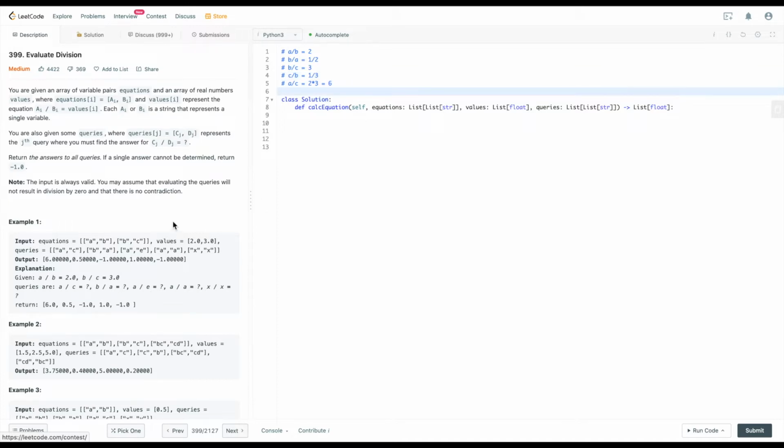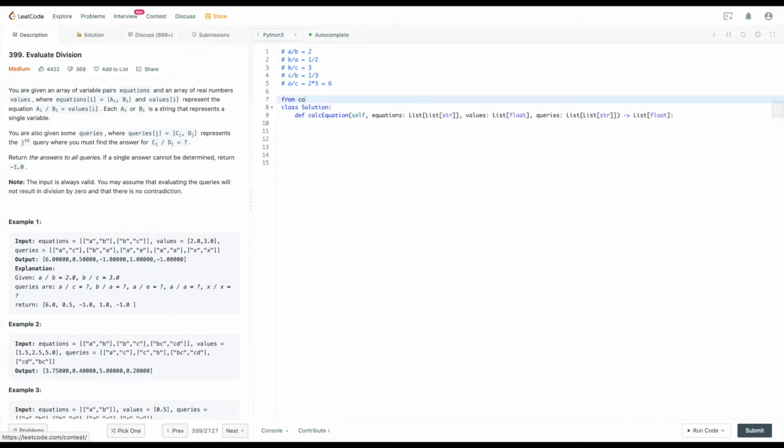This is a graph. This question, the solution can be represented using graphs. I'm thinking today we'll be solving this using a DFS. Let's start. So first I'll be creating a dictionary of dictionaries, and I'll be using the help from collections. From collections, import defaultdict, and then I'm going to define my graph as a defaultdict of dictionaries.